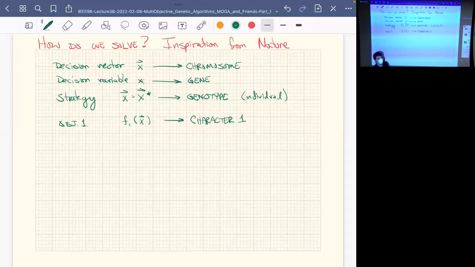So when biologists refer to an organism, there's a number of different characters. There's the eye color, there's the shape of the nose, there's whether the earlobes are connected. All of these are different characters. If you're looking across different species, you can use different characters to tell whether this is one species or another. But even within a species, you can have different character states, which are known as traits. And so each character has its own trait values.